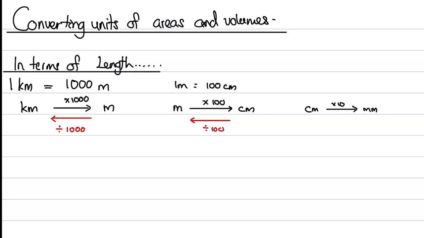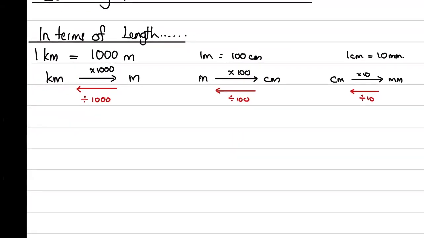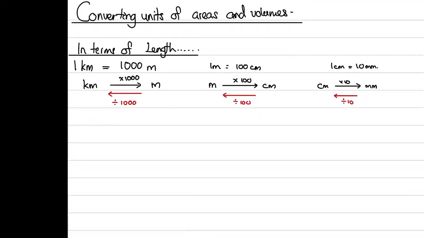Multiply by 10. Change it back, divide by 10. So you'll get 1 centimeter is 10 millimeters. All right, great. Now we need to see it in terms of areas and in terms of volume.